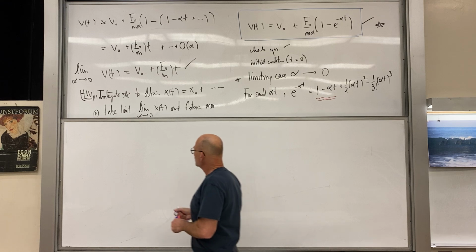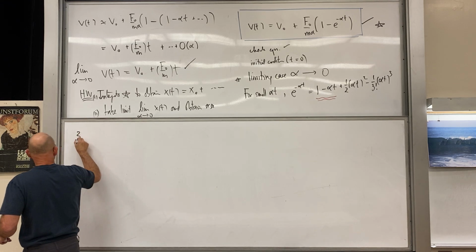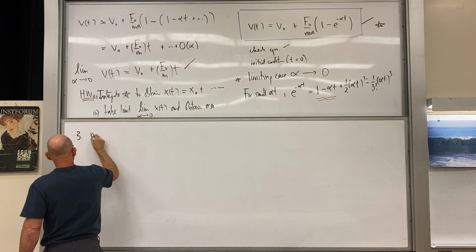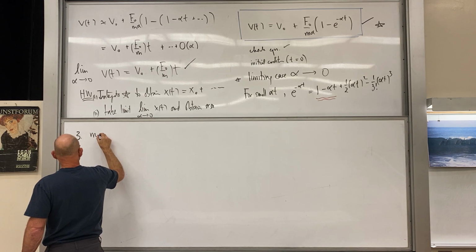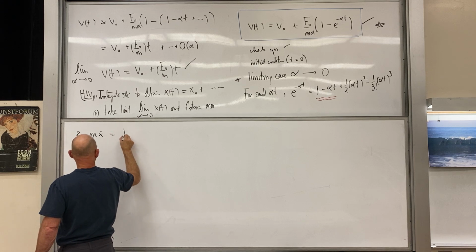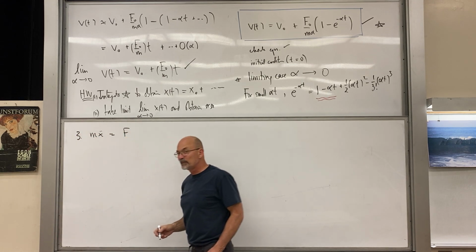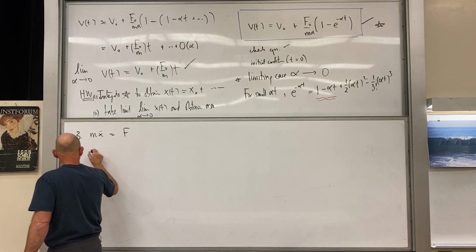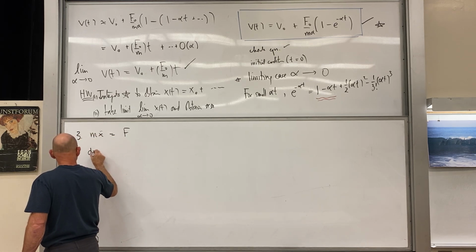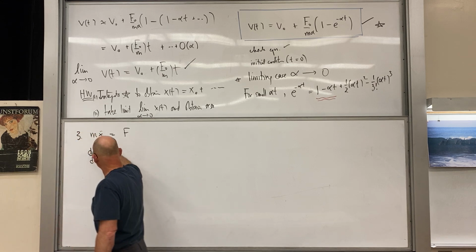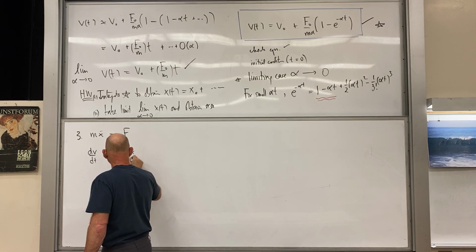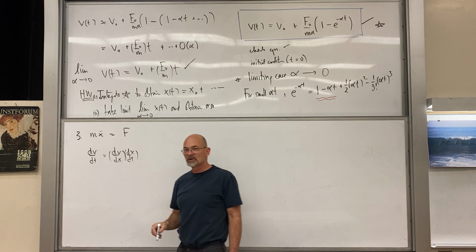Okay, so 1, 2, I think I'm on 3. We have m a equals F. I'm going to leave it unspecified. What I want to do now is write dv/dt, which is what this second derivative is equal to, dv/dx times dx/dt, just by the chain rule.